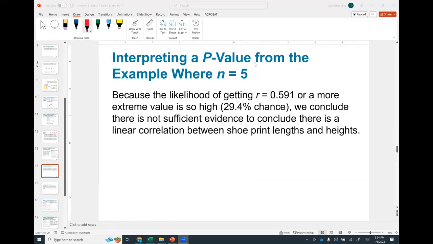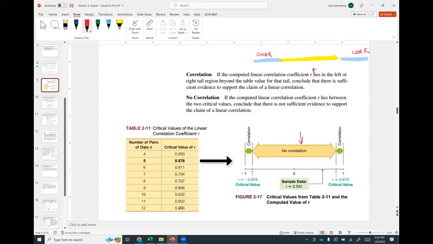Okay, so interpreting a p-value from the example where n equals 5: because the likelihood of getting r equals 0.591 or a more extreme value is so high, at a 29.4% chance, we conclude there is not sufficient evidence to conclude there is a linear correlation between shoe print length and heights, okay? So if I went back to here, I had 5 pieces of data for the one that I used.